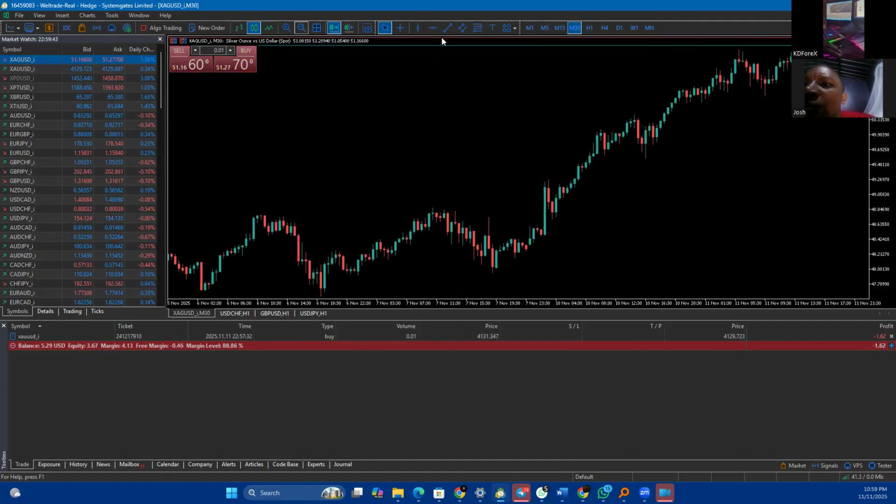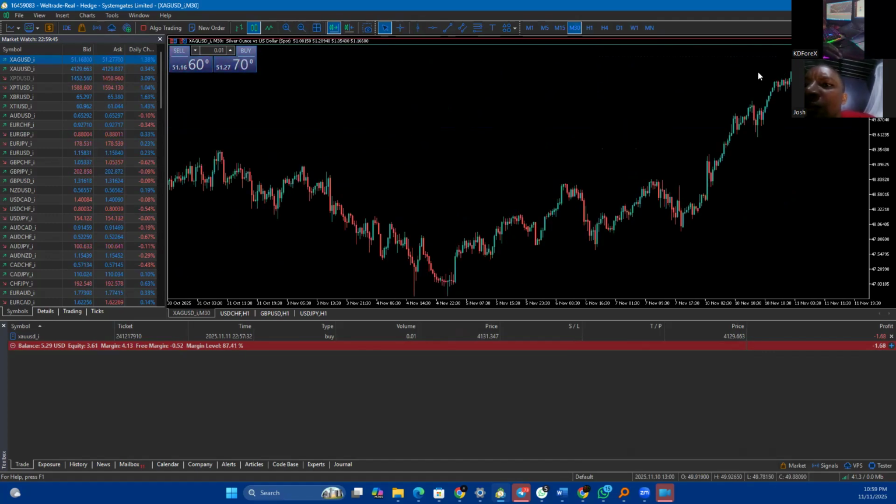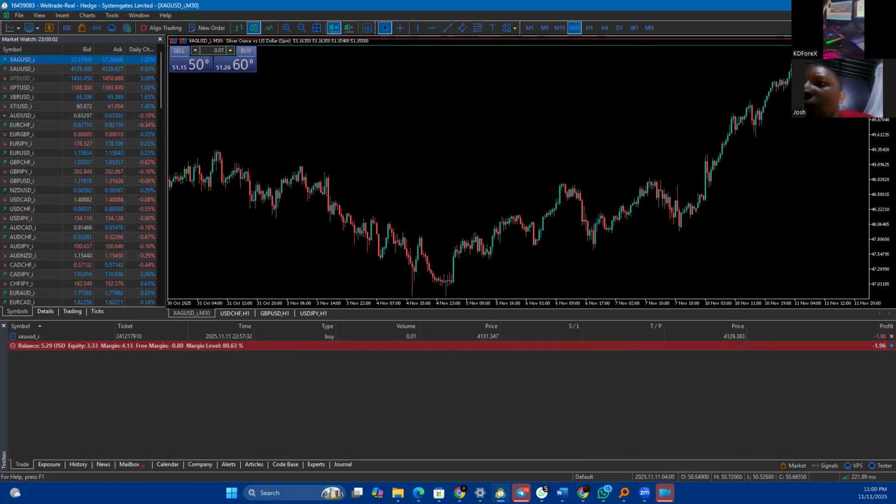Let me just zoom out a bit because the market is actually on top. You see this gap between these two lines, that's the amount which you're going to find yourself in a negative. So the first trade you take, at this point, you're going to find yourself in a negative $2. Yeah, that's how it is.